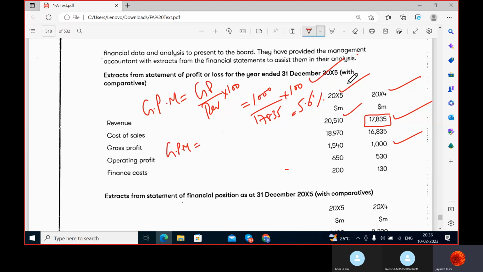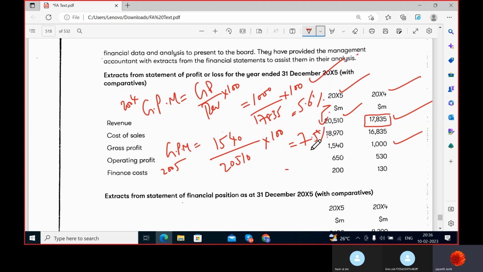So we will take 1540 divided by 20,510 into 100, and you tell me the ratio. This was 2004; this is for 2005. I don't think it's a very complicated calculation. 7.5%. So what do you see? From 2004, do you see a higher gross profit margin?